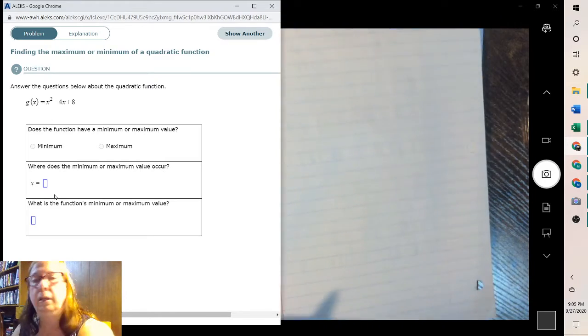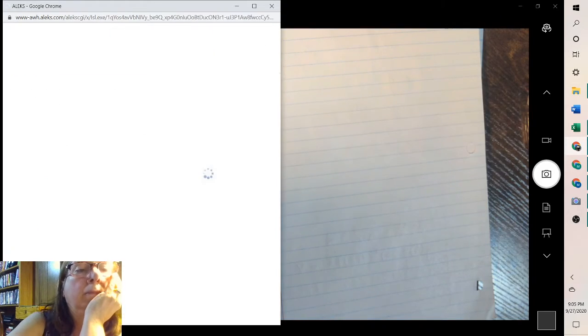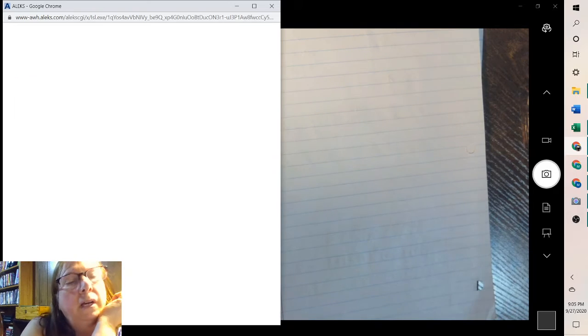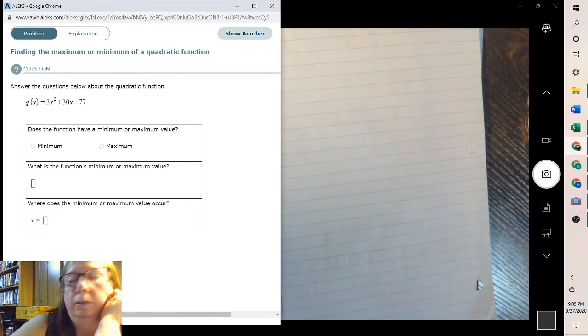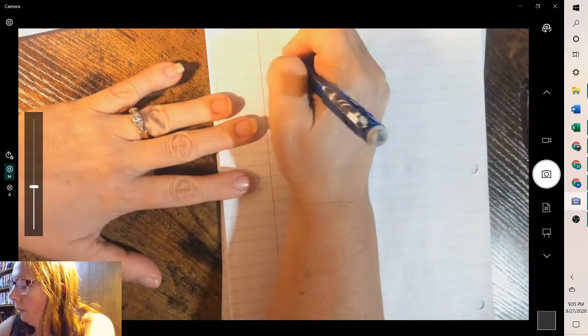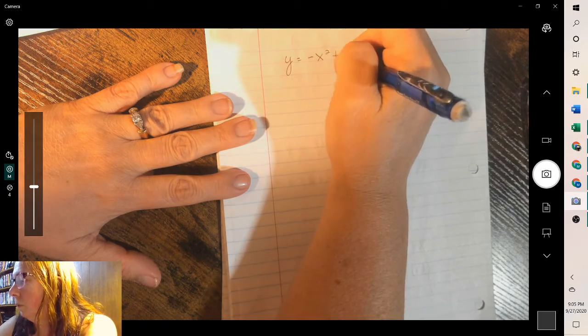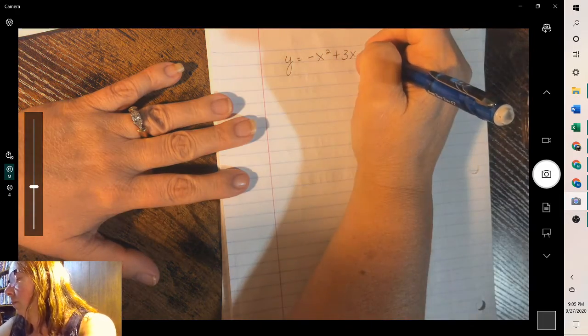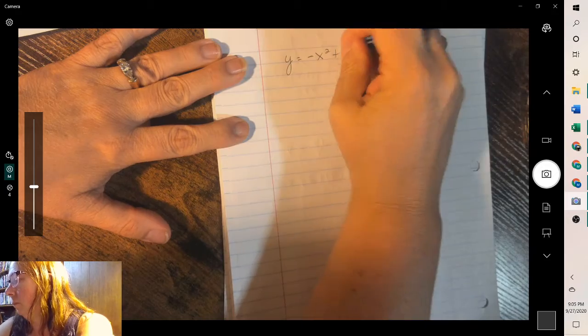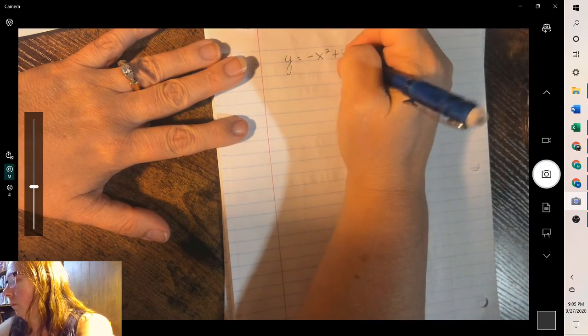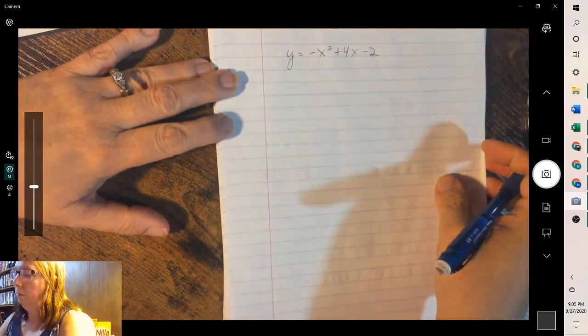Let's see if we could get a negative one, because a lot of mistakes happen. I'll just make one up. We have y equals negative x squared plus 4x minus 2. Let's do that.